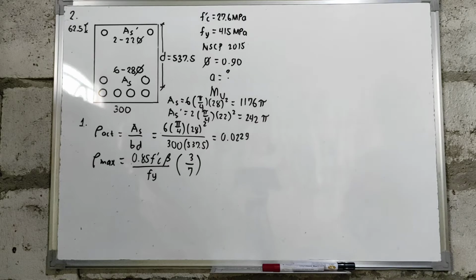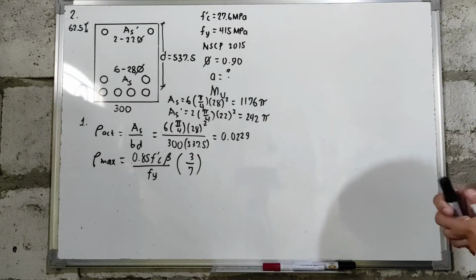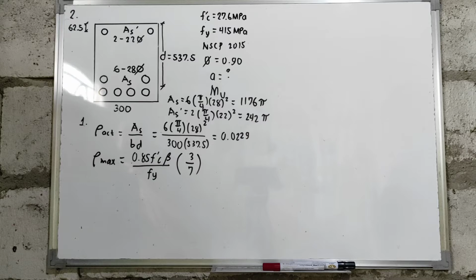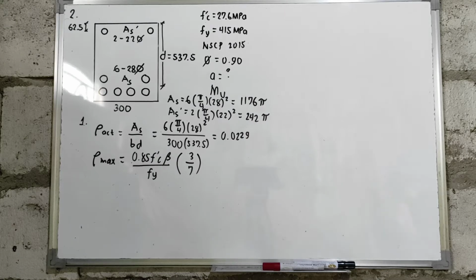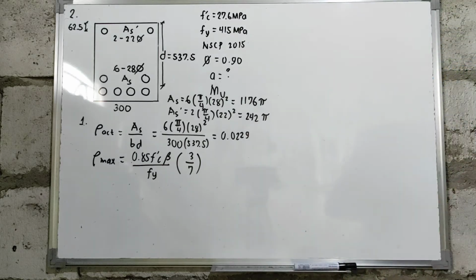That is how simple getting our rho max is. Now, what is the value of your beta? Since our f'c is only 27.6, which is less than the limiting value of 28 megapascal, the value of your beta is equal to 0.85.